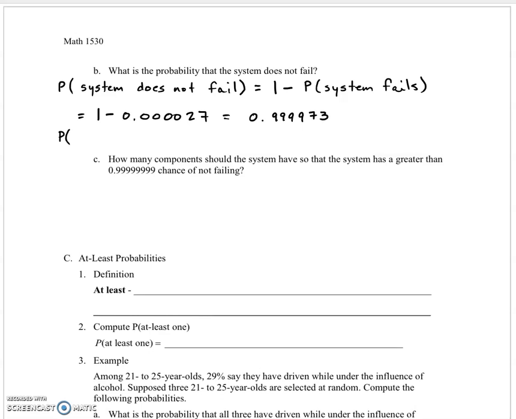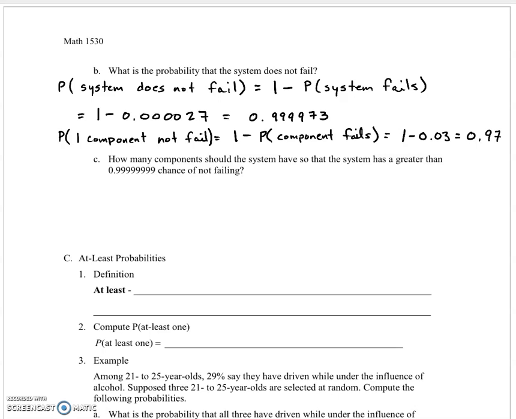Well, the probability of one component not failing is 1 minus the probability that the component fails, which is 1 minus, remember, the probability a component fails is 0.03, which gives us one component only has a 0.97 chance of working.